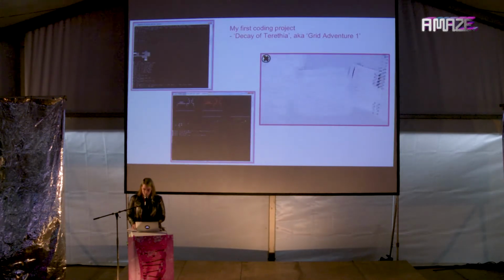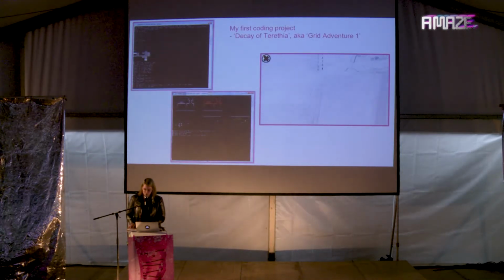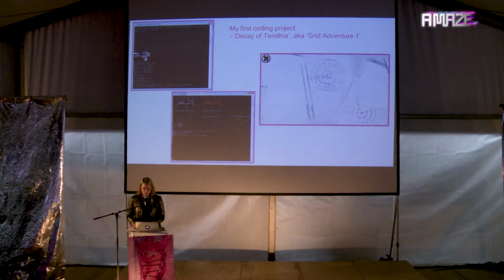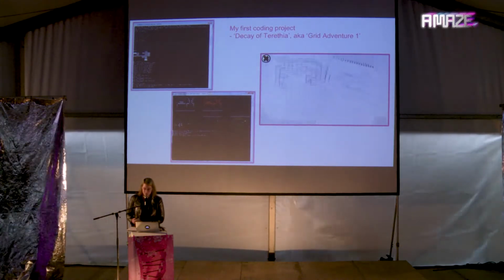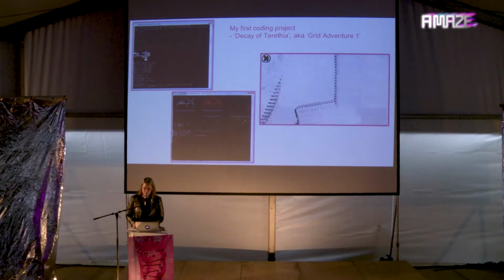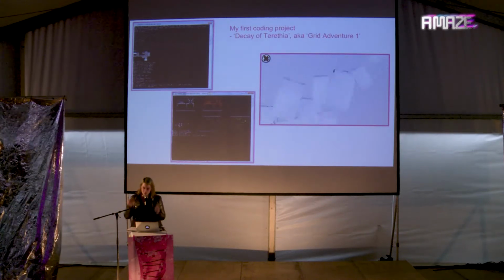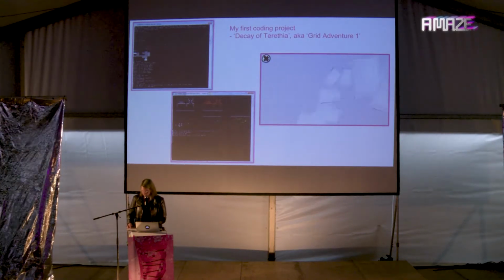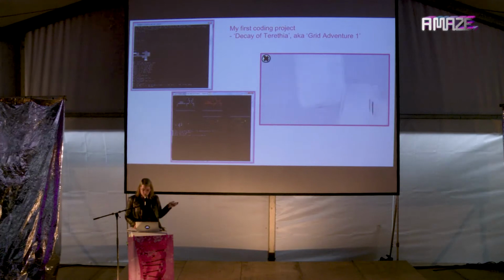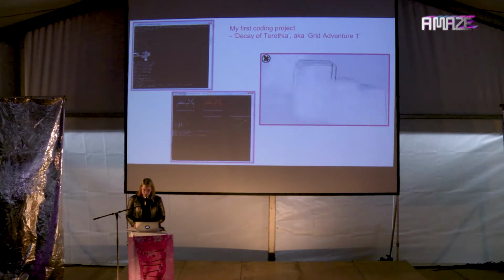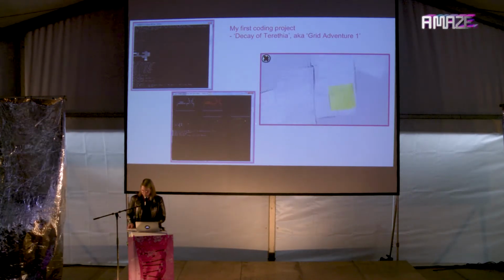So for context, this was my first coding project that I did, which was Decay of Terraria, also known as Grid Adventure 1, based on the map system that I used, which was a grid of tiles in Microsoft Excel. So this is all the notes I made along the way for it over the year and a half that I spent on this project.